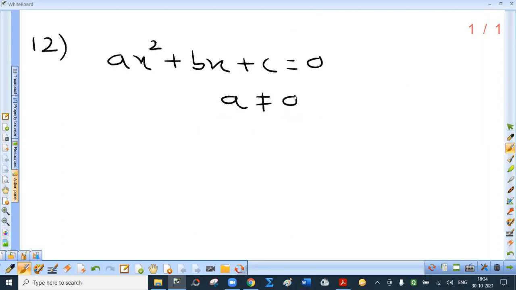Now we are given 4 digits which include 0. So a can be chosen in how many ways? 3 ways. What about b and c? Repetition is allowed. So 4 ways each. So 3 into 4 into 4. So how many? 48 possibilities are there. Write down.